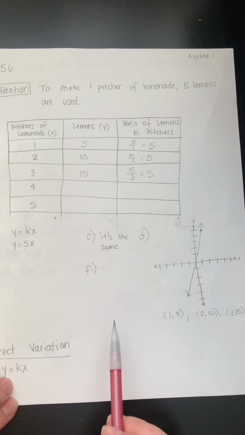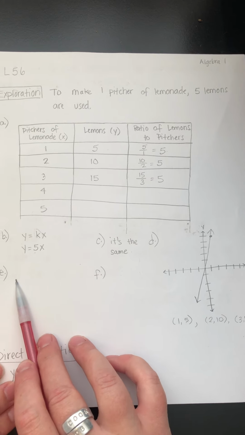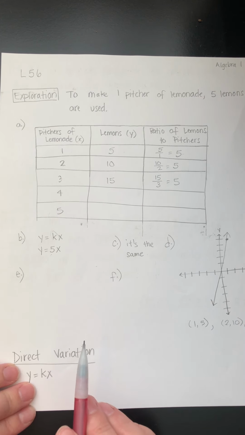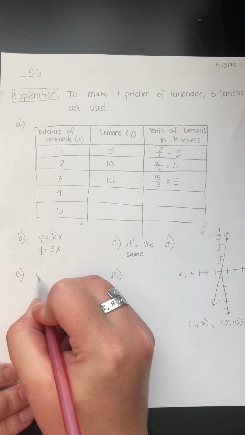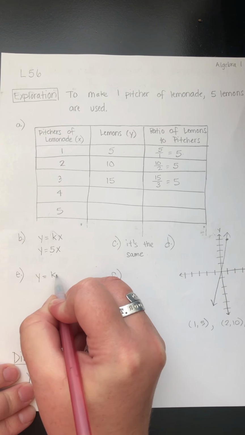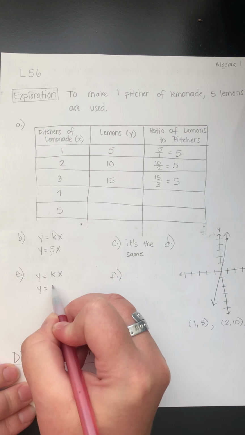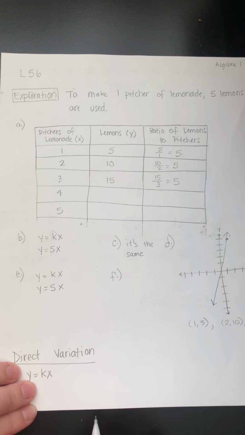All right, now it asks you for question E. It says, how many lemons are needed for 8 pitchers? Okay, so let's write our function down. y equals k times x, and the k in this case is 5, so y equals 5x. And the question said, how many lemons are needed for 8 pitchers?